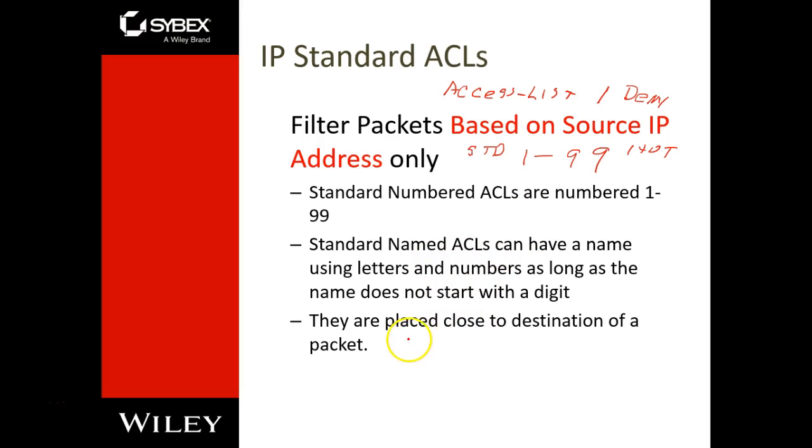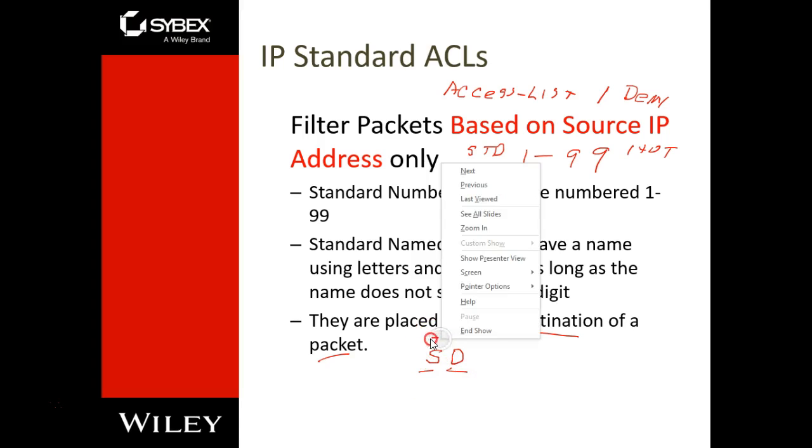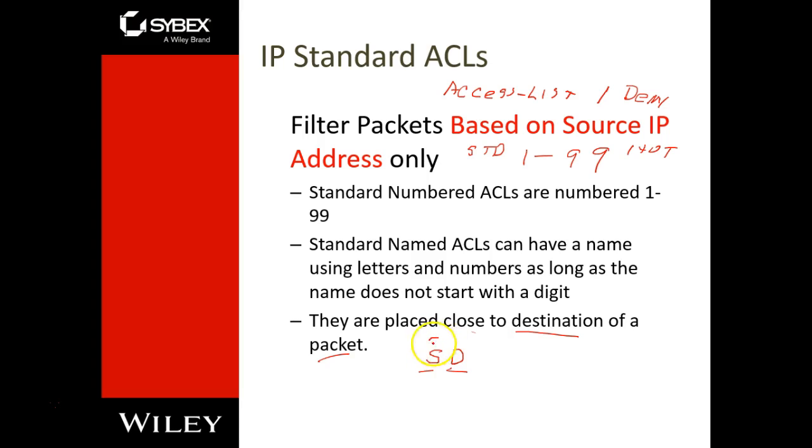Standard lists are placed close to the destination. The way I remember this, my first ship was in San Diego. Nice place, great weather. So I always remember SD: simple or standard access list goes close to the destination.